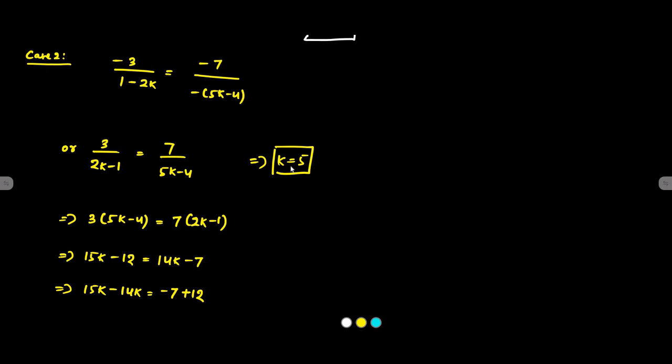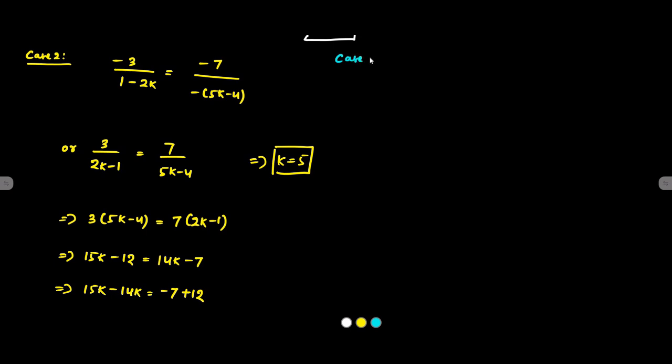Now let us do the other comparison, that is a1 by a2 is equal to c1 by c2. That is the third case. Let's see whether we are getting the same result or not.